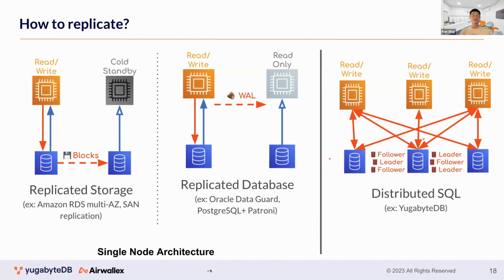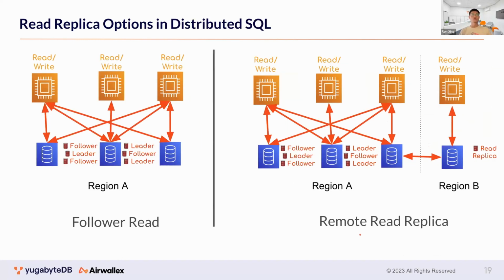On the left-hand side is what we normally call the single node architecture, and on the right-hand side is a distributed architecture. In the distributed architecture, there are two ways in Yugabyte you can achieve a read replica. The first one is what I mentioned just now.